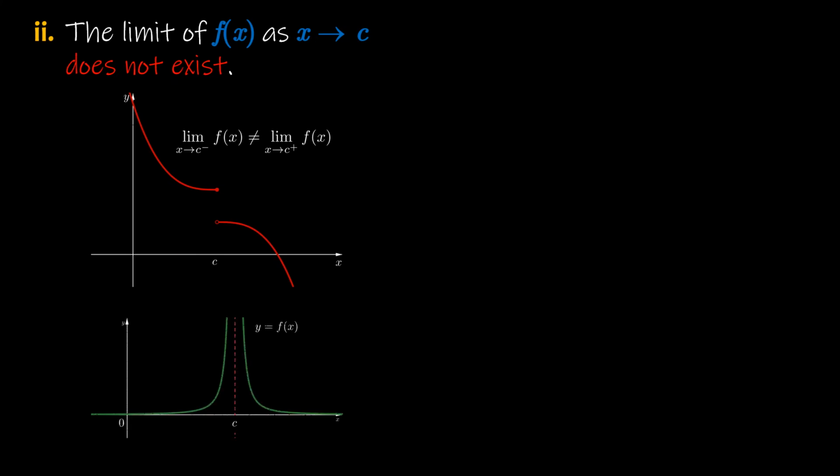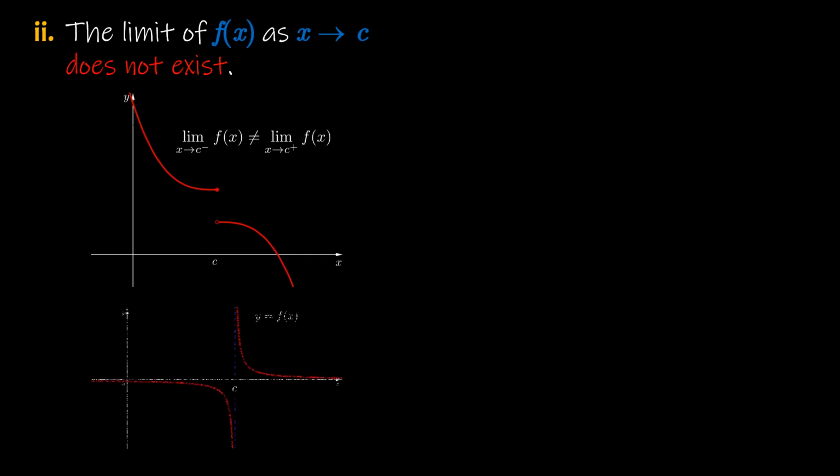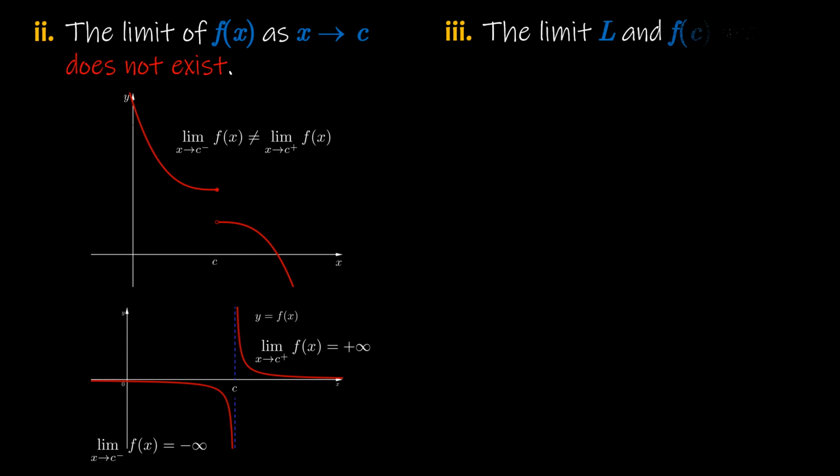Also, it means that the limit, or any one-sided limit, as x approaches c, is an infinity. Third, the limit of f of x, as x approaches c, and f of c are not equal.